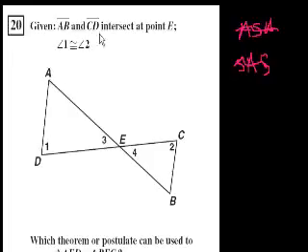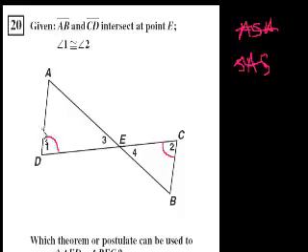Given that AB and CD intersect at point E, they tell us that angle 1 is congruent to angle 2. So those two angles are equal. Already those look like alternate interior angles if the lines were parallel.